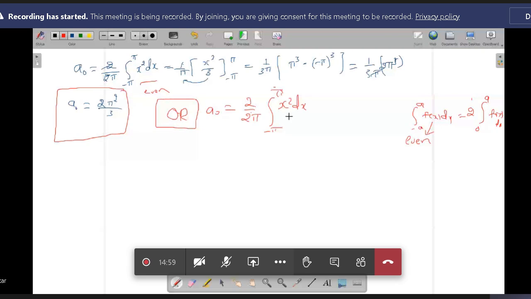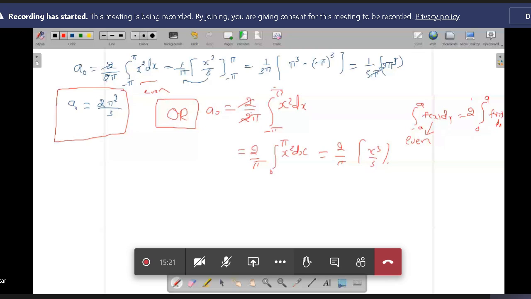So this 2 cancels, and this becomes 2 divided by pi integration from 0 to pi x squared into dx. After integration we get 2 by pi, the integration of x squared is x cube by 3, from 0 to pi.